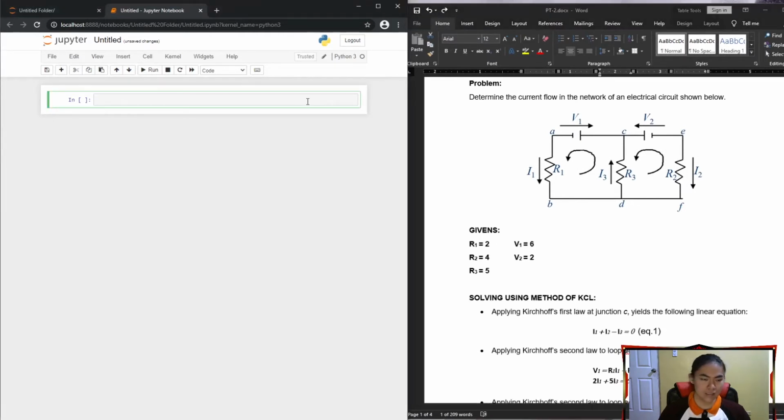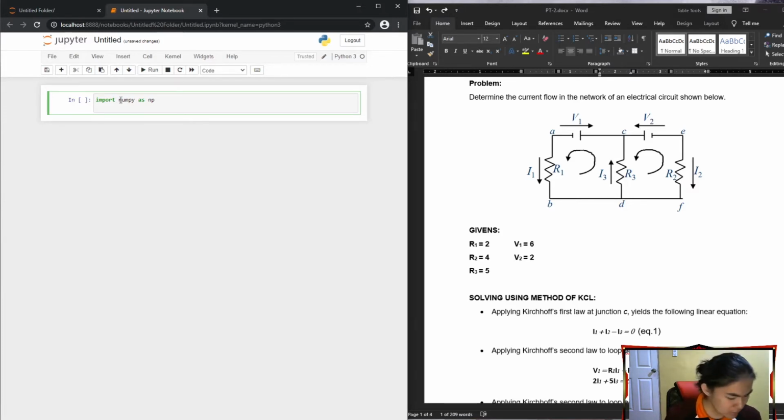Ang una nating ilalagay dito is to type the following: import numpy as np. So yan, gagamitin natin yan, yung numpy, para ma-solve natin yung equation. Kasi mamaya mag-a-array tayo ng ating values and kakailanganin natin yung numpy.